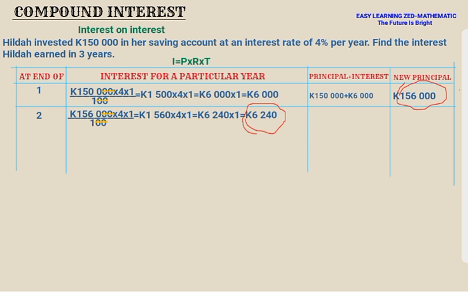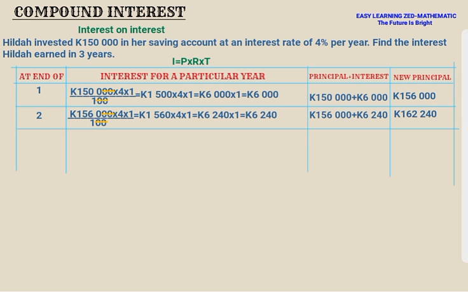Then the interest she made in that particular year, which is the second year, is 6,240. So we're going to add that, and it's going to give us this. This was the amount in Hilda's account by the end of the second year, and the amount was 162,240 kwacha.